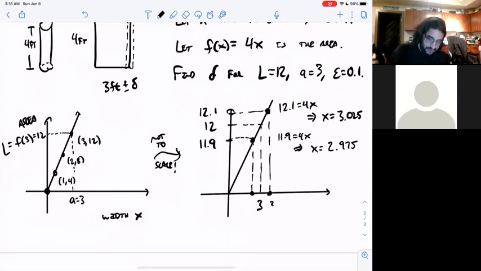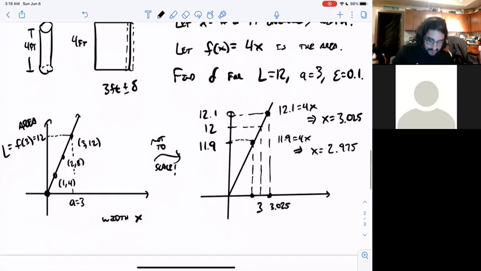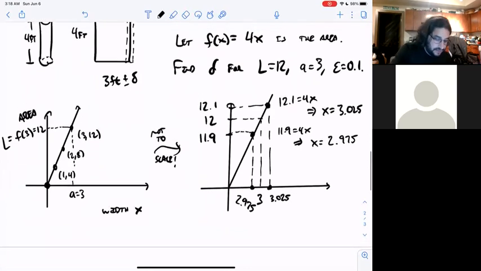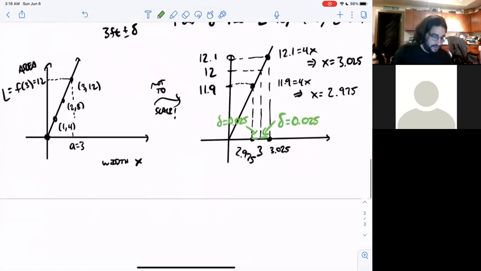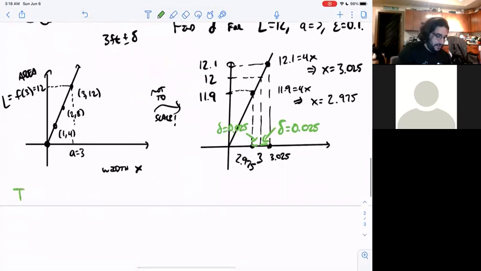So I have 3.025, and then 2.975 is this other point. So now I can see what that delta value is. To the right and to the left in either direction, I moved delta equals 0.025 to the left and 0.025 to the right.